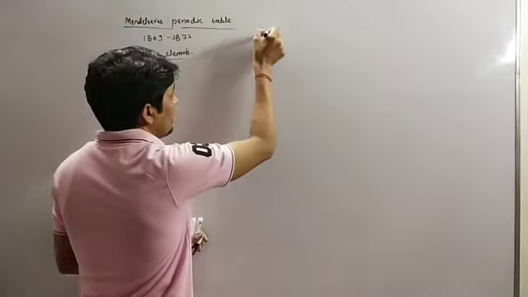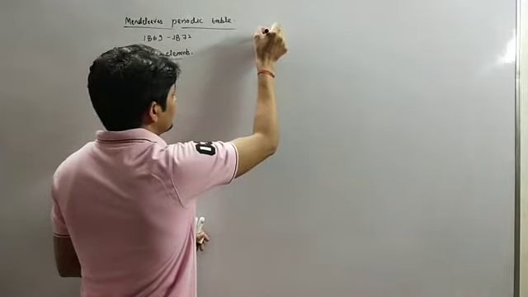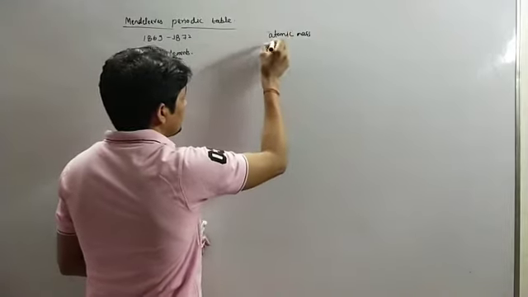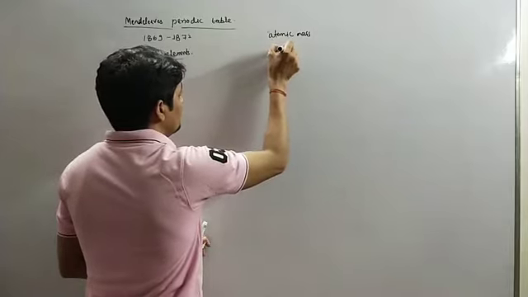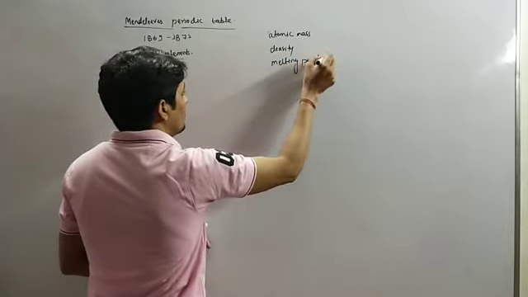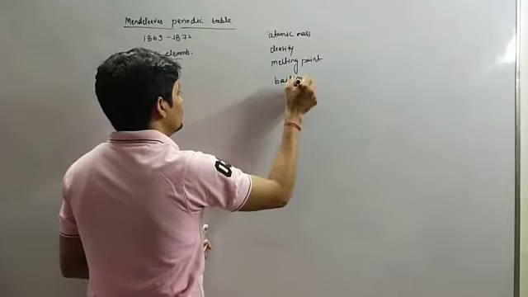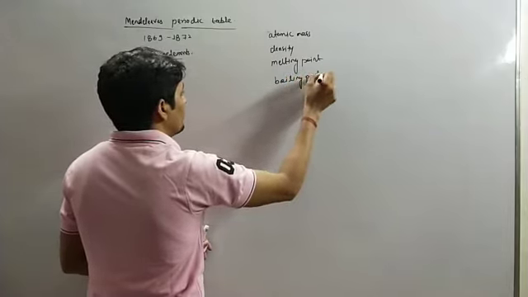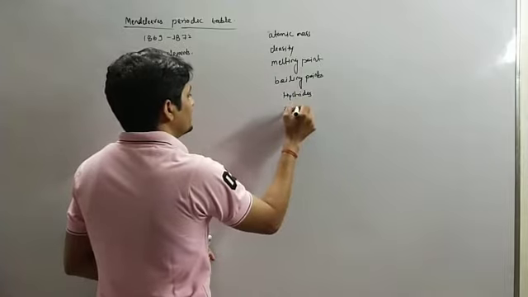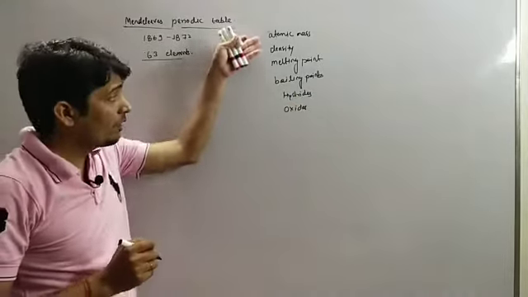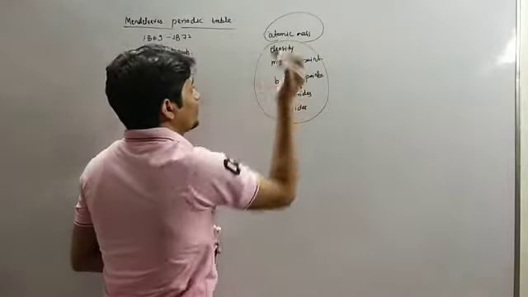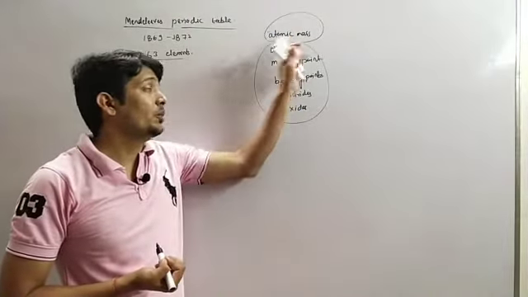So properties are like mass, that is atomic mass, then density, then melting point, then boiling point, then formation of hydrides, formation of oxides, etc. On the basis of these properties, Mendeleev has related these properties with atomic mass of element.